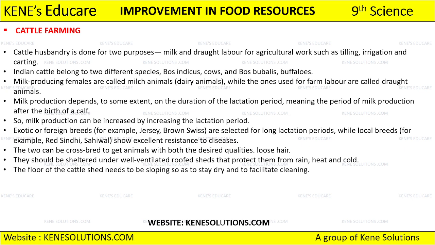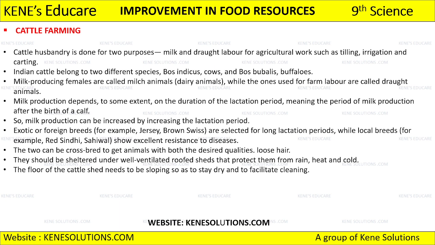Milk production in animals depends to some extent on the duration of the lactation period, meaning the period of milk production after the birth of the calf. As soon as the calf is born, there is a specific duration of lactation in the mother cow.